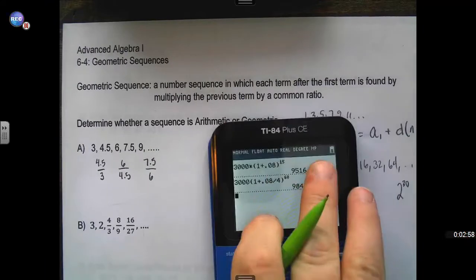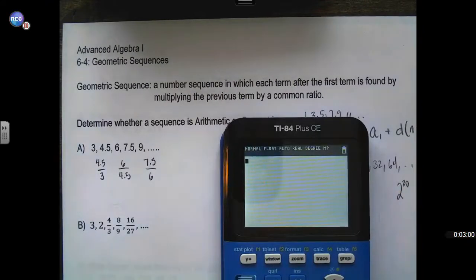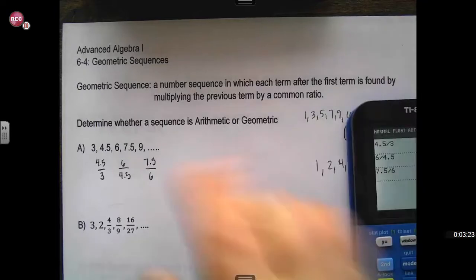Let's see. 4.5 divided by 3 is 1.5. 6 divided by 4.5 is not the same thing. 7.5 divided by 6 is not the same thing. So this is not geometric.